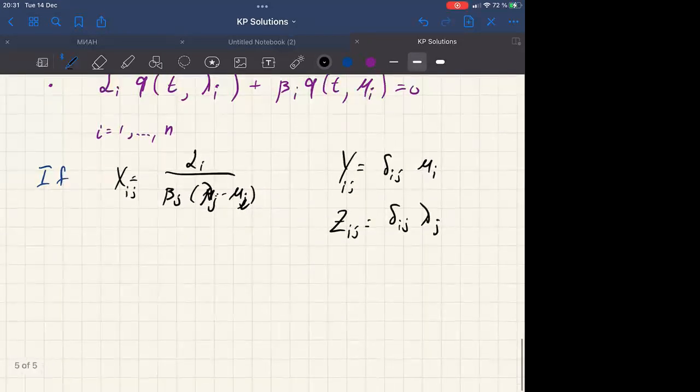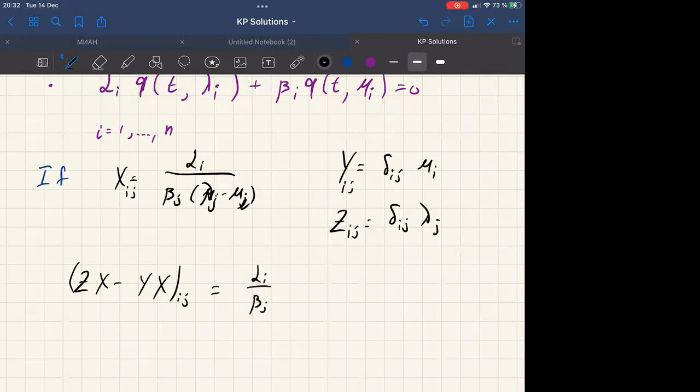Okay, it is clear that we have zx minus yx g is equal to eta beta zeta, sorry, lambda e.